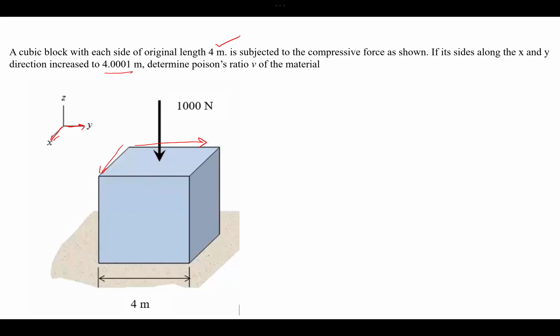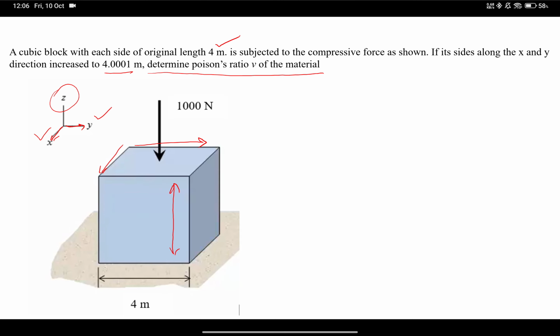Because it is compression, we know that the longitudinal axis will reduce in size, but the other two lateral axes, which are x and y, will increase in size. So the z axis will reduce in size, but the x and y axes, which are lateral axes, will increase in size. We have to determine the Poisson's ratio of the material. Let's go on and solve this basic problem.